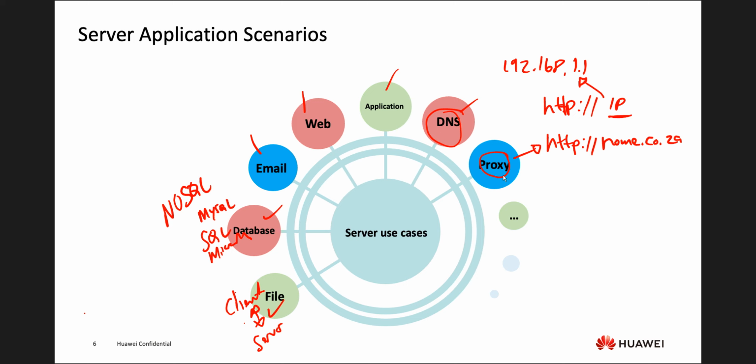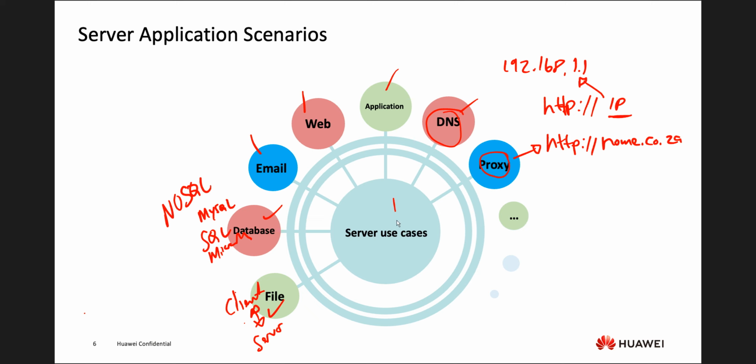The proxy would have cached all the temporary files, and if the user goes through that proxy server, you will get that copy of those files. Only if the file changes will the proxy go retrieve it, if there's further information added to that file, or another folder or another image that was uploaded on the server. And so those are your common application scenarios that you would use a server for.